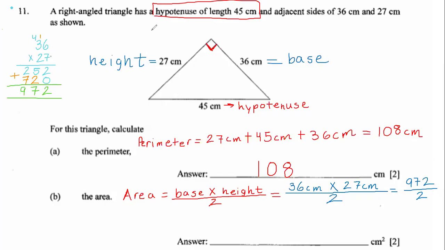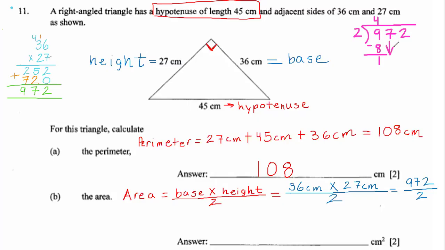Now, in order to divide it, that's very simple. So 2 into 972. How many times does 2 go into 9? 4 times. 2 times 4 is 8. 9 minus 8 is 1.